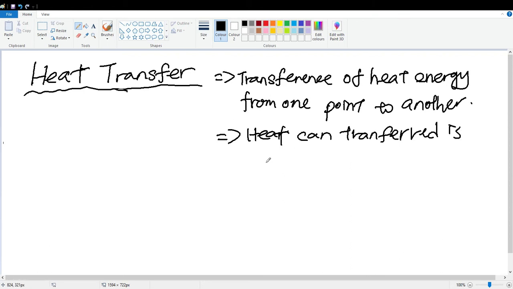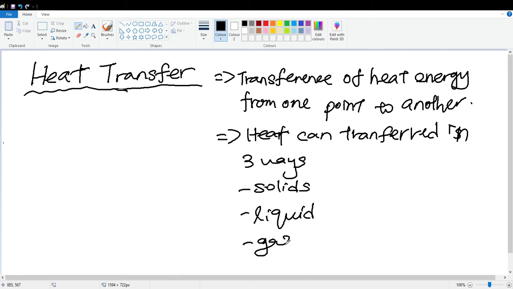The three ways consist of solids, liquid, gas. So these are the three ways for the conduction of heat, and this is the definition of heat transfer.